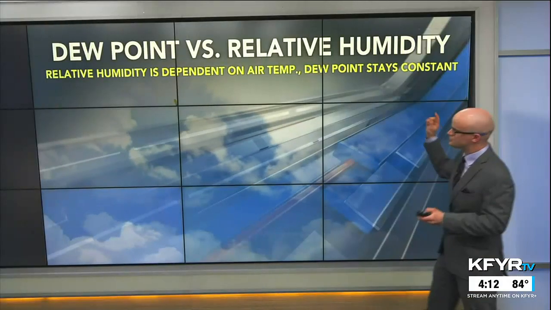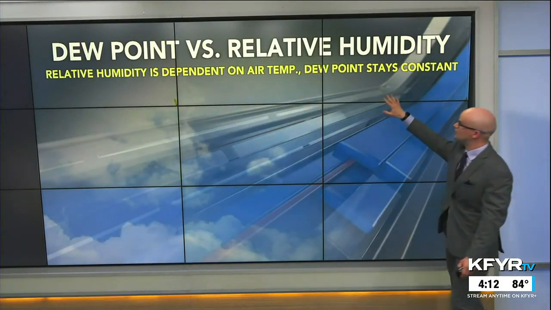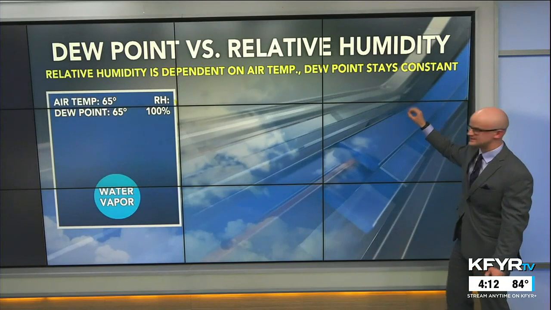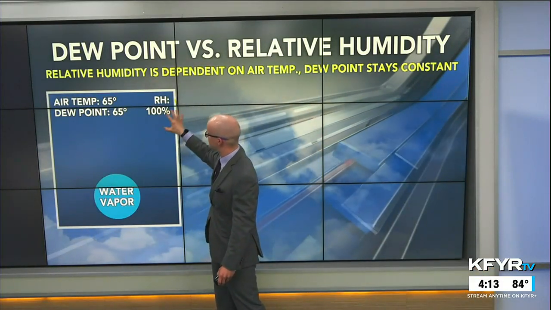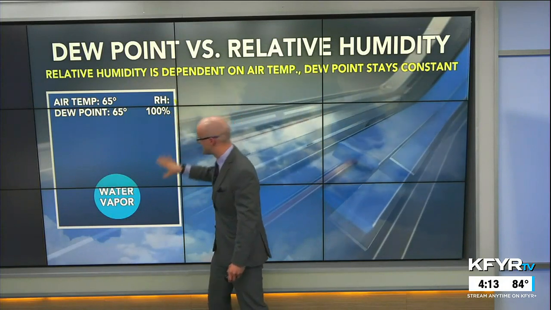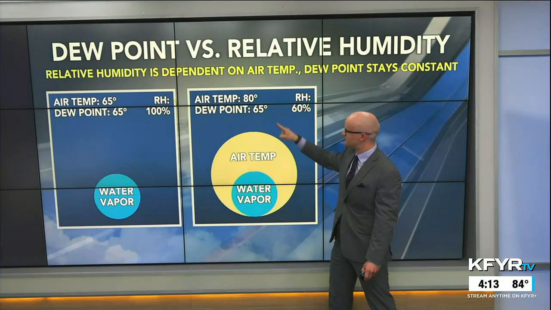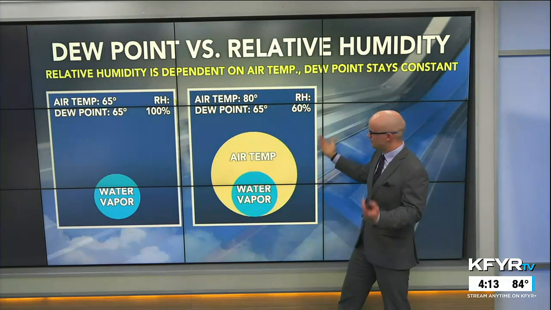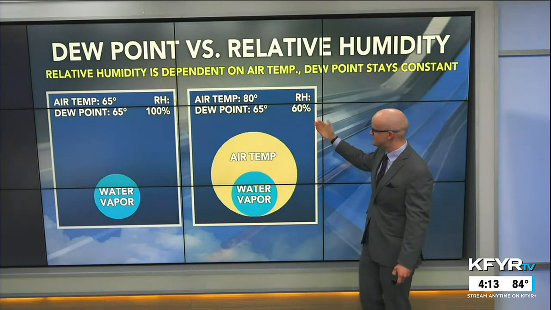Relative humidity is dependent on the air temperature, as we've gone over, whereas the dew point usually stays constant. So another example here, air temperature 65 degrees, dew point 65 degrees, our relative humidity is 100%. We have saturation. Air temperature 80 degrees, dew point 65 degrees, we have a warmer day and our relative humidity is less at 60%.